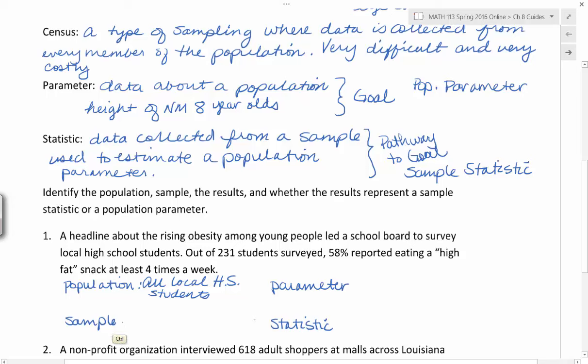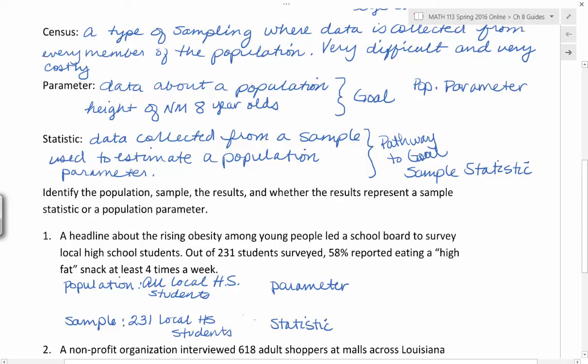And the sample is going to have a number generally, like how many you talked to. And so that would be the 231, and it should also be the same type of people that the population is talking about. So it would be 231 local high school students.